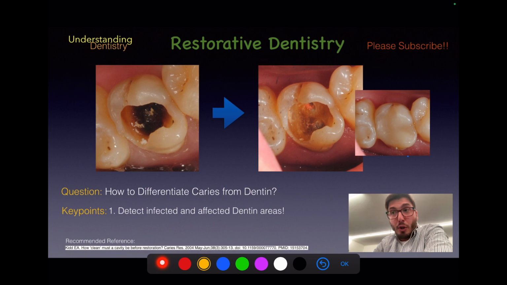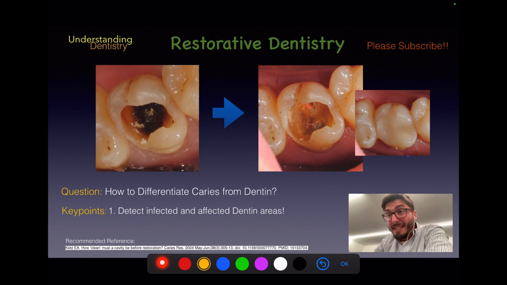But before that, let's talk about the first key point of this video, which is that we should detect infected and affected dentin areas, right? So infected dentin would be the dentin contaminated by bacteria, right? So the bacteria is contaminating and is causing the collagen to be denatured, okay? So now the collagen is denatured and this process is no longer reversible.